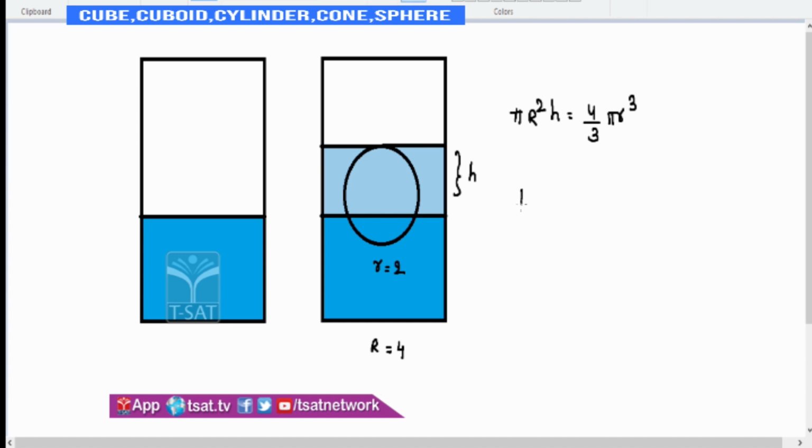Capital R square is 4 square, that is 16, into h is equal to 4 by 3 into small r, 2 cube, which is 8. So h is equal to 32 by 48, that is 2 by 3 of a centimeter. So the height of the rise is 2 by 3 of a centimeter.